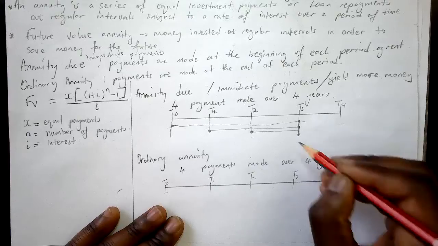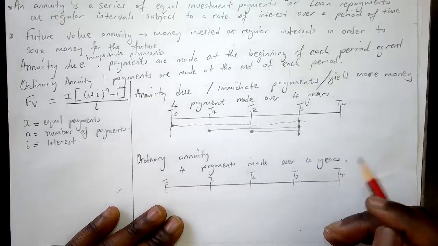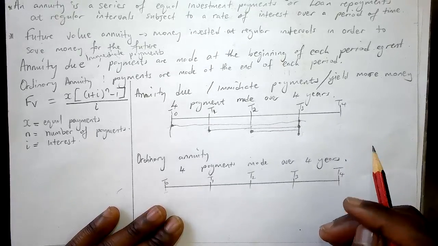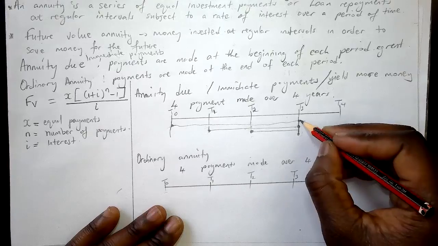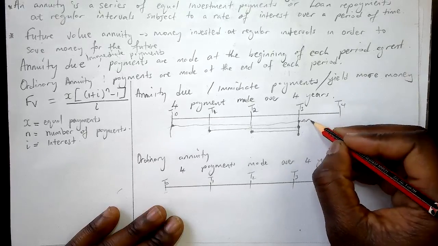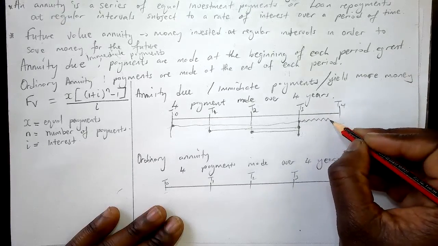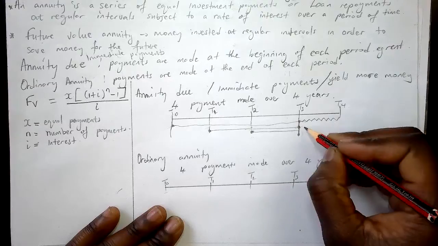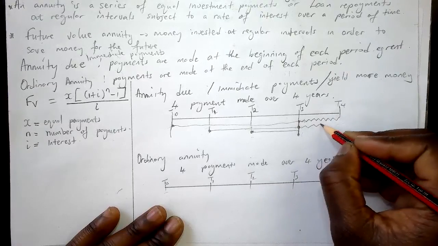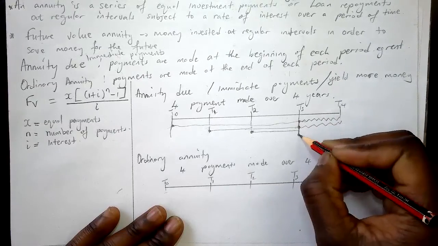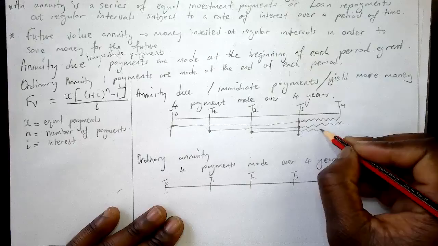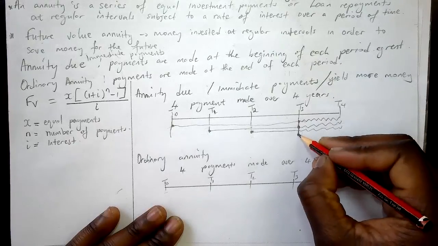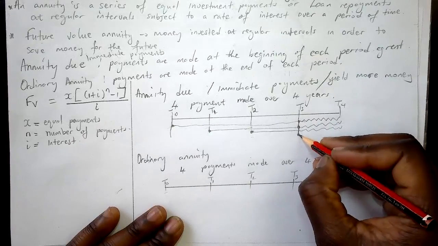But here's the thing now, you're going to collect your money at the end of the fourth year. So your money is going to grow. This money here is going to have an extra month to grow. Again, this one has an extra month to grow. Again, this money here is going to have an extra month to grow. Then the payment that we make in the fourth year is going to grow for a month.